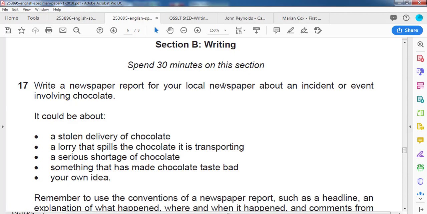So the text of reading was speaking about chocolate, and the writing too will be about chocolate.